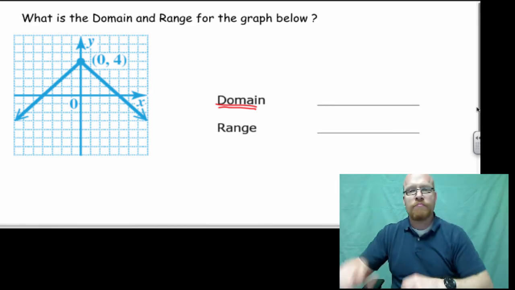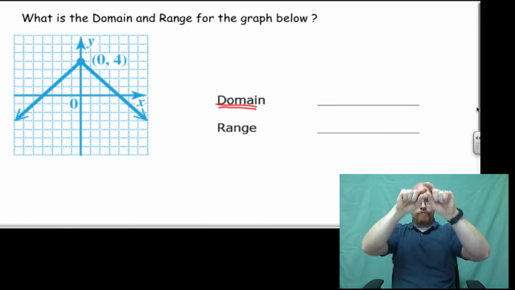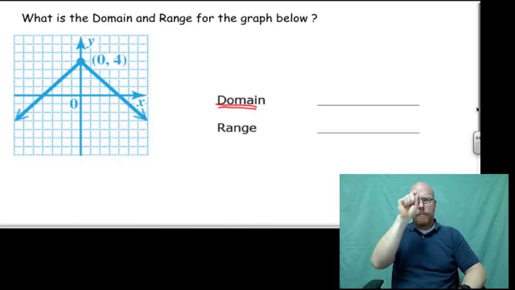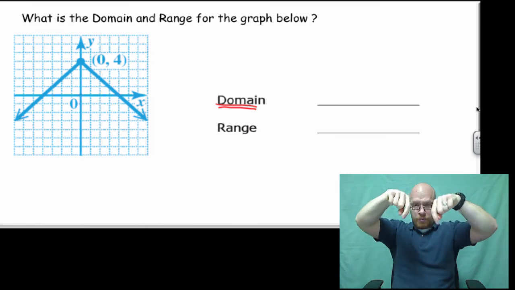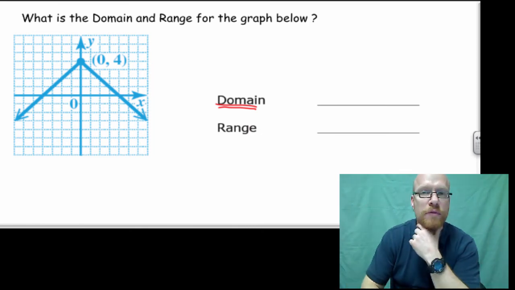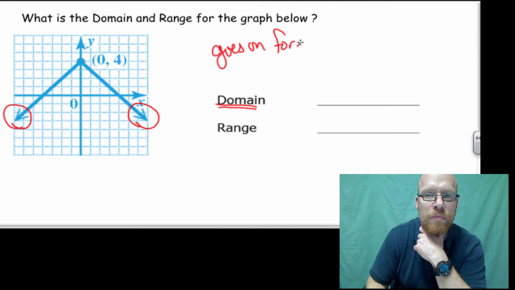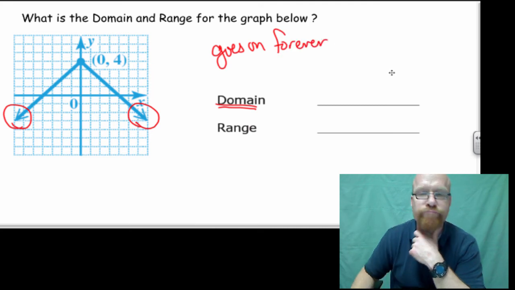Now, on this graph, we need to think what x values will be plotted. As we see the arrows, it goes on forever, all the way down.